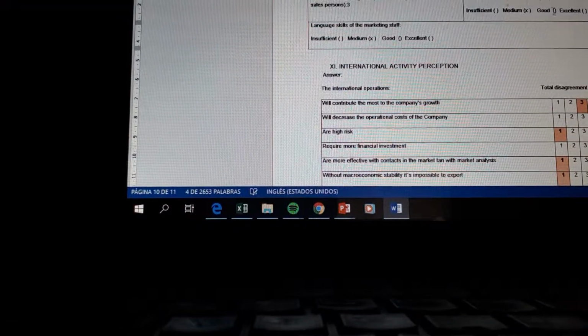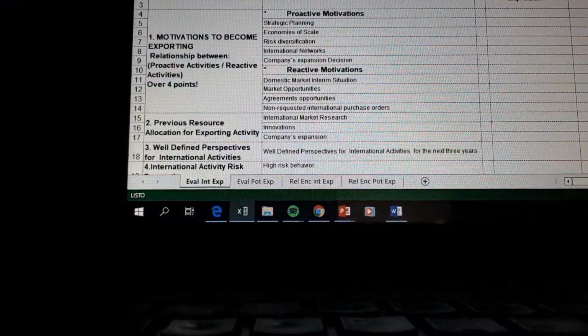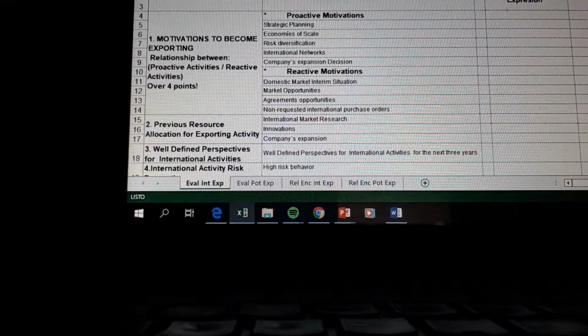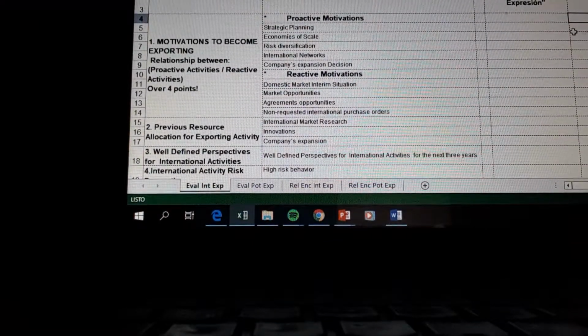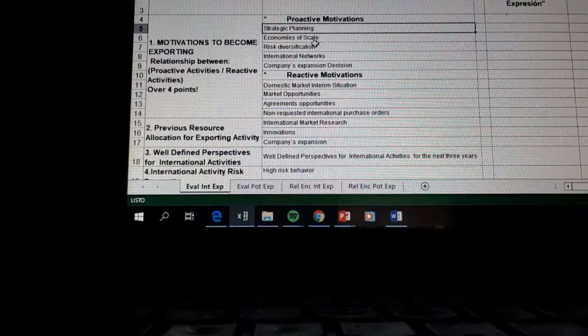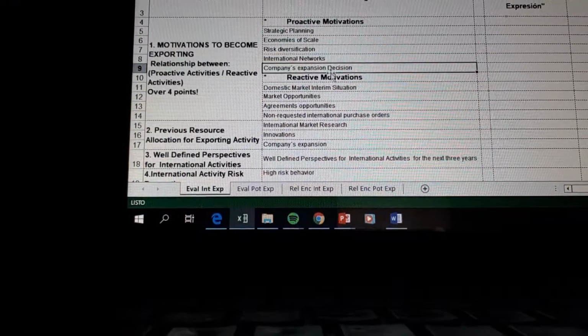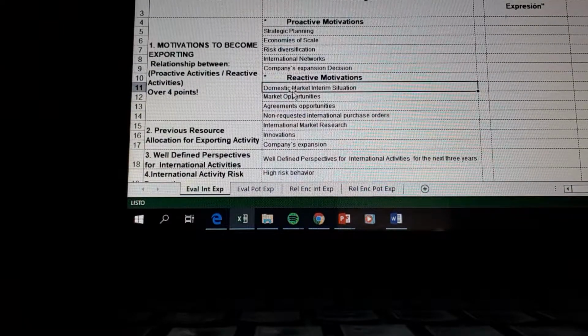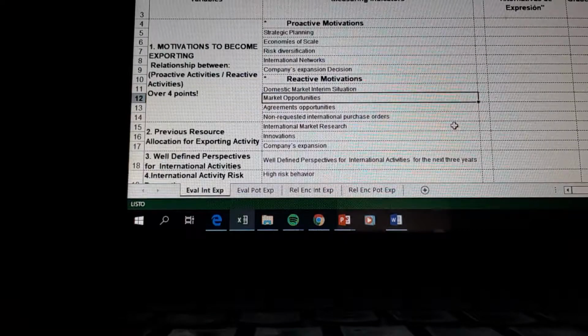Now, this is the source of information that you're going to consult to make your assignment. So first of all, I want you to grade the company in terms of strategic planning, economic of scale, risk diversification, international networks, domestic market interim situation, all these things that we already kind of explained.